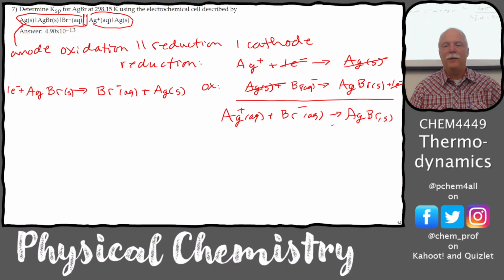This is going to be a spontaneous reaction because these 2 things precipitate out. So it's going to be an equilibrium constant that's large because it lies to the product side. But if we flip that, the equilibrium constant is going to be really small, and we'll have the KSP for silver bromide. And so all we have to do is measure the voltage of this cell, and we get the KSP. So that's pretty cool.